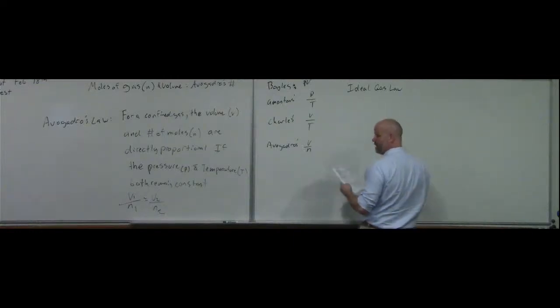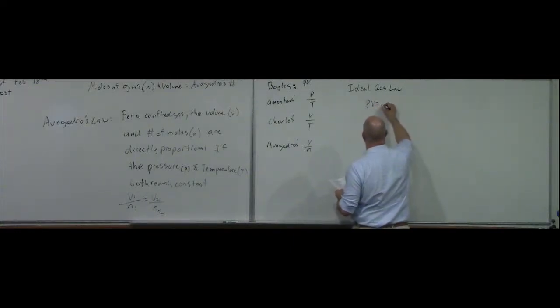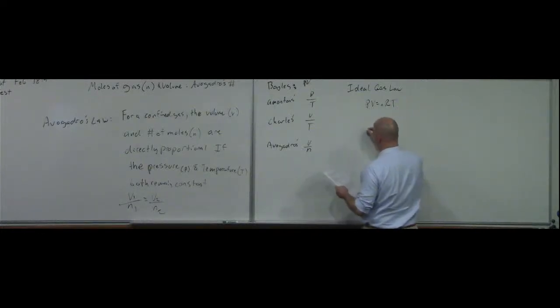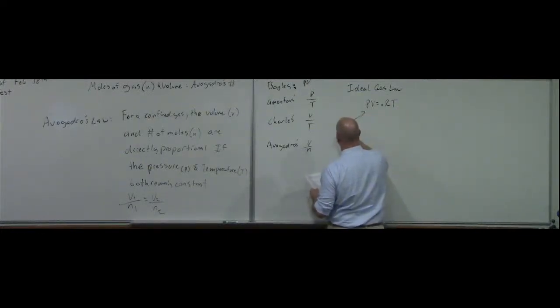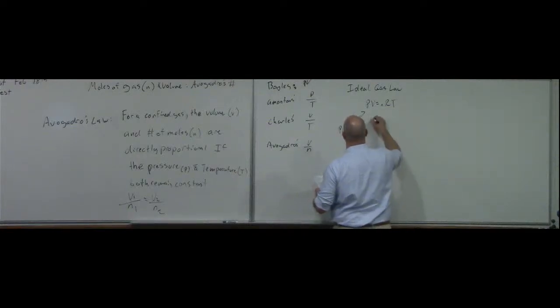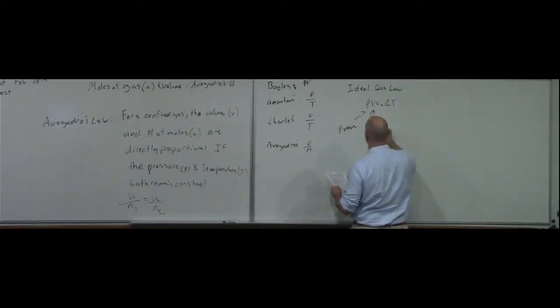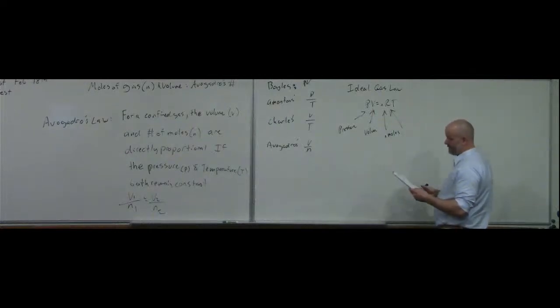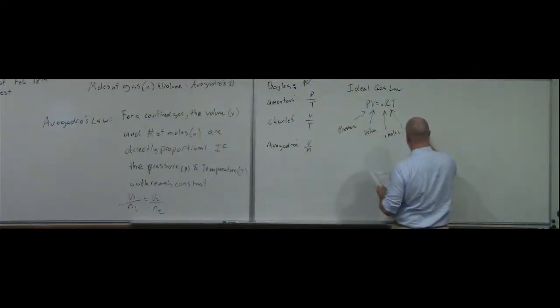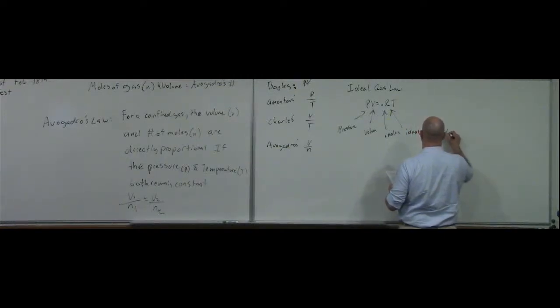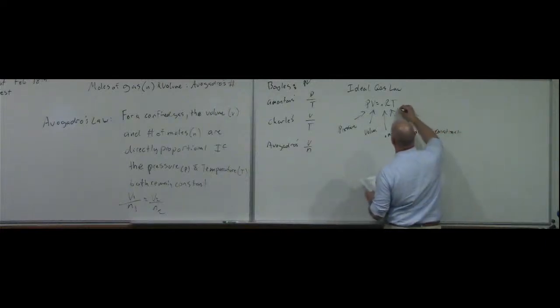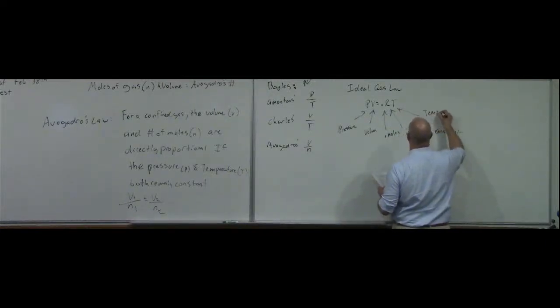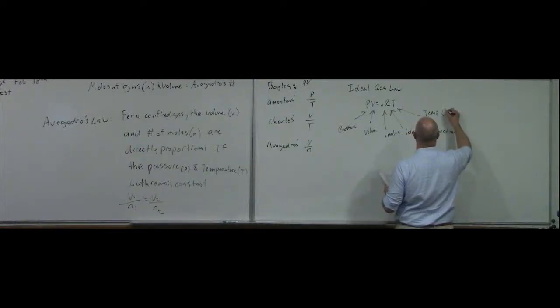So PV equals nRT, where P is pressure, V is volume, n is the number of moles, R is the ideal gas constant, and T is temperature, and it's got to be in Kelvin, right?